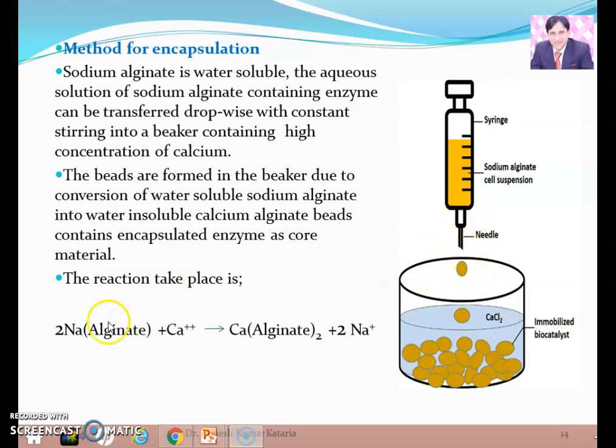What happens? As soon as sodium alginate comes in contact with calcium, it gets converted into calcium alginate, as calcium has greater affinity than sodium for alginate. And calcium alginate, being water insoluble, gets precipitated in the solution, which leads to the formation of beads. Thus, a bead contains enzyme inside it.